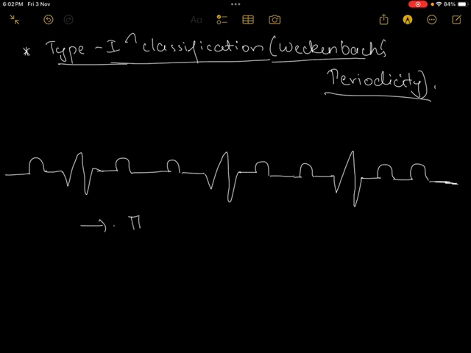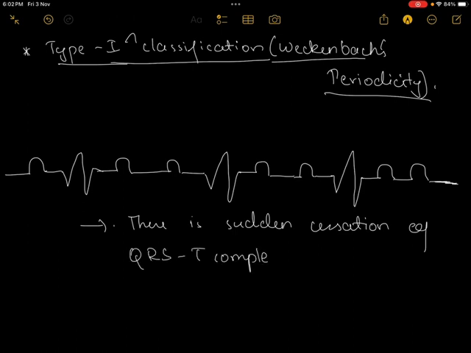There is a sudden cessation of QRST complex after continuous formation of PQRST complex.